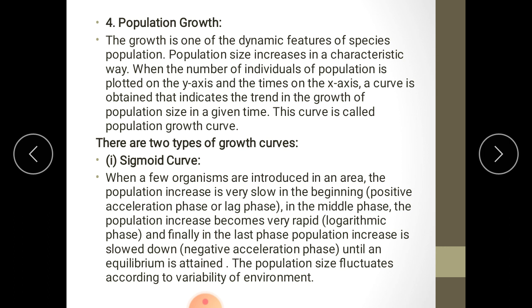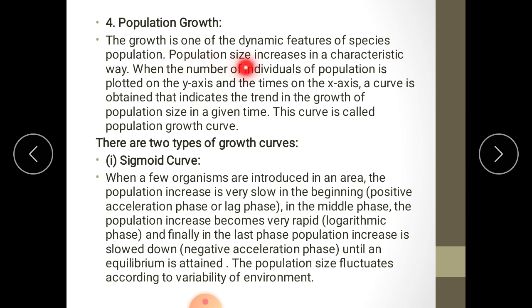One is the S-shaped curve, another is the J-shaped curve. The S-shaped curve is called the sigmoid curve. Growth is one of the dynamic features of a species population.